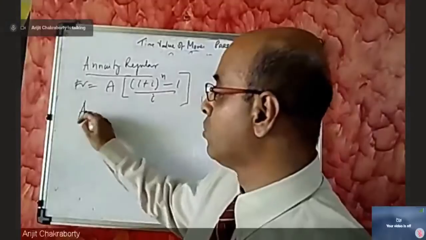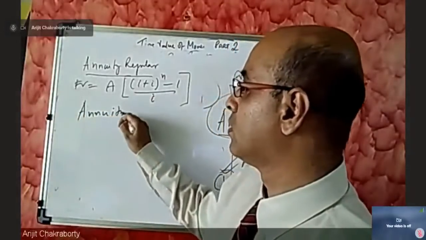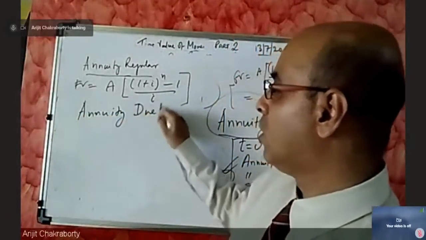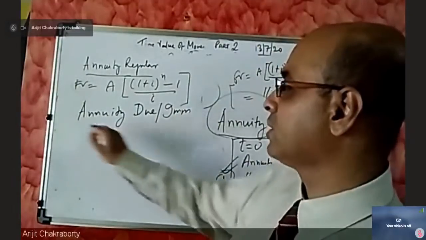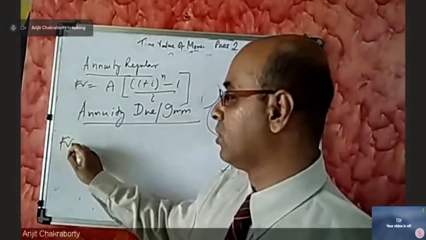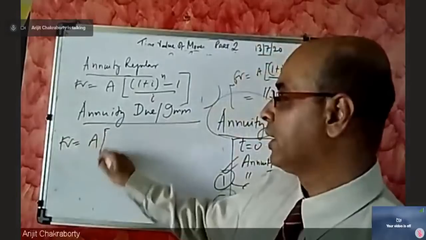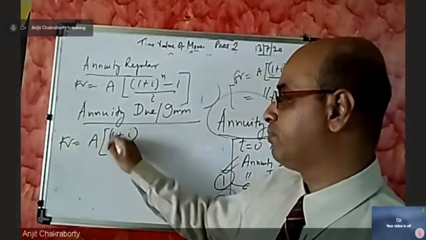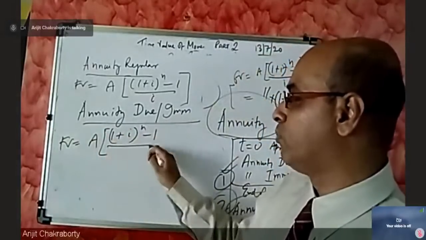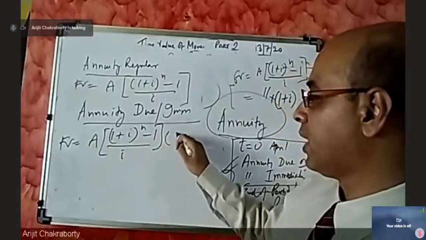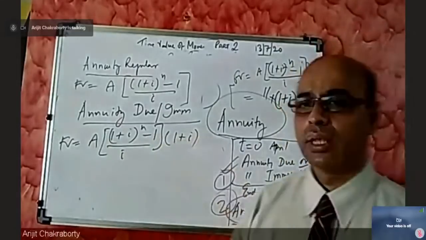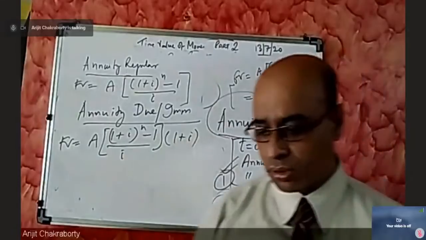Now we go to annuity due or annuity immediate. The formula is future value is equal to A into (1 plus i) to the power n minus 1, divided by i, multiplied by (1 plus i). So you have to keep a note of these two formulas.